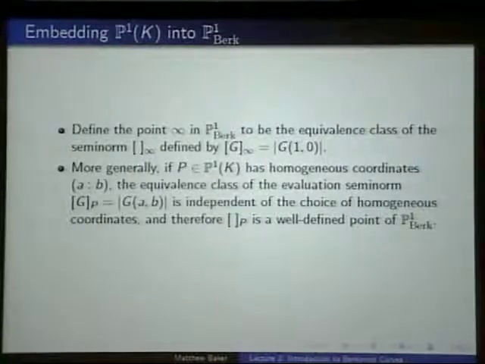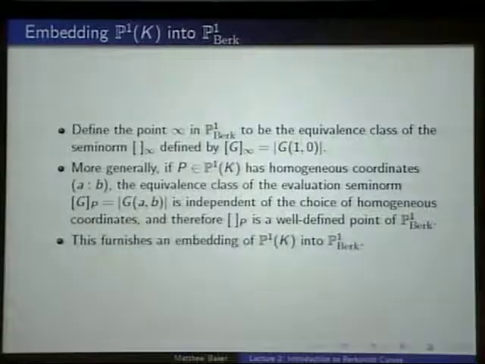But if I use different homogeneous coordinates, if I multiply a and b both by some constant c, this would get rescaled by the absolute value of c to the d. And so up to equivalence, this is well defined. So given a projective point, we get a well-defined equivalence class of seminorms. And that's the idea here. So you see how P1 of k embeds naturally into the Berkovich projective line.